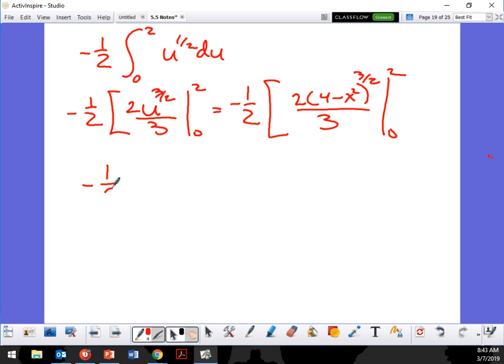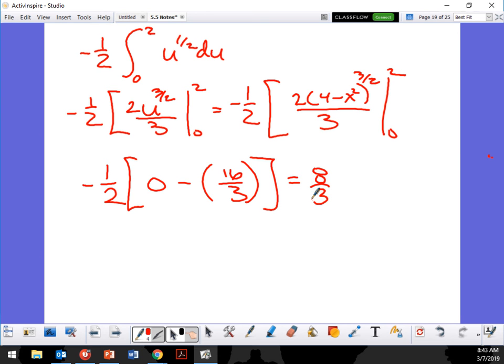So negative 1/2 bracket 0 minus my lower bound, which is going to give me 0 there. So that's going to give me 0, 4, square root 4 is 2, third 8, times 2, 16 over 3, minus 16 over 3. So this is going to give me negative, negative is a positive. It still works. But is it a little bit more work? Yeah, just a little bit more work. So subbing your bounds helps out a lot too.